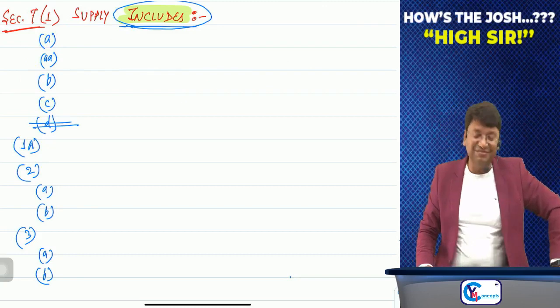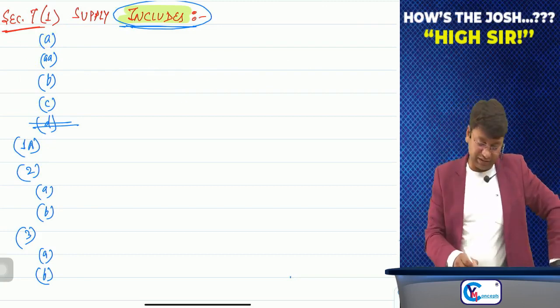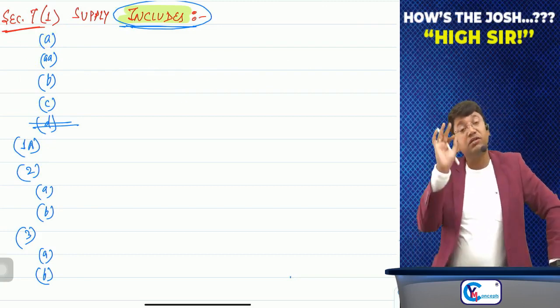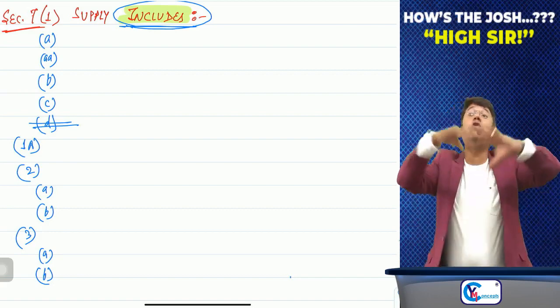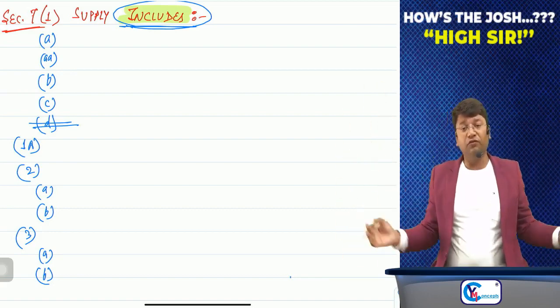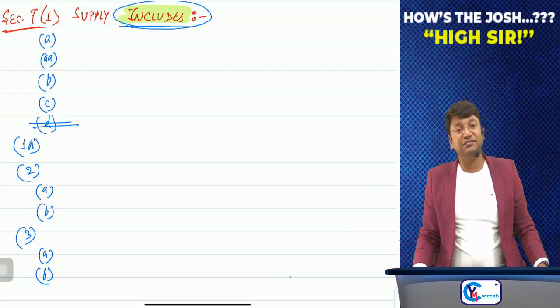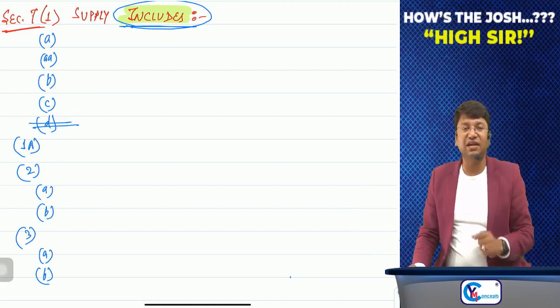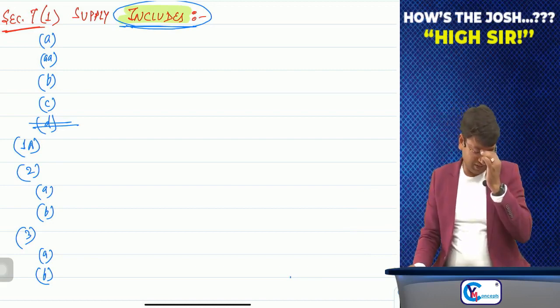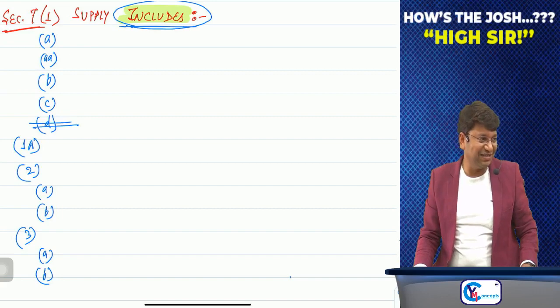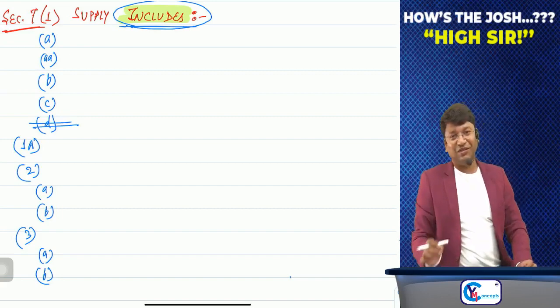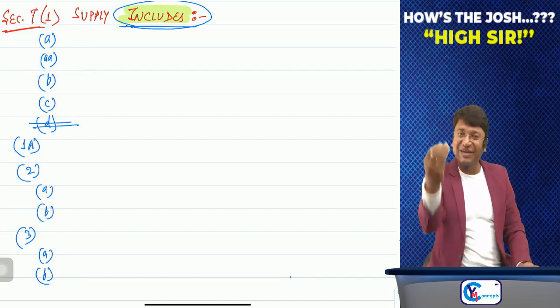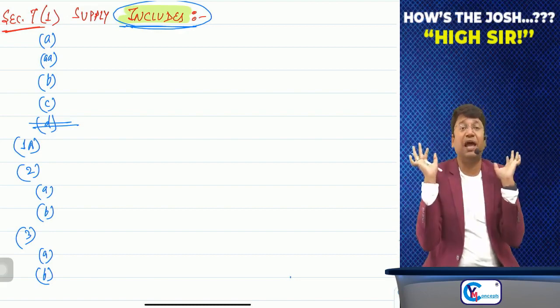Okay, sir, the term supply includes, clause number A says that all forms of supply such as sale, exchange, barter, transfer, lease, license, rental or disposal. I repeat, sir, clause number A says that supply includes all forms of supply.